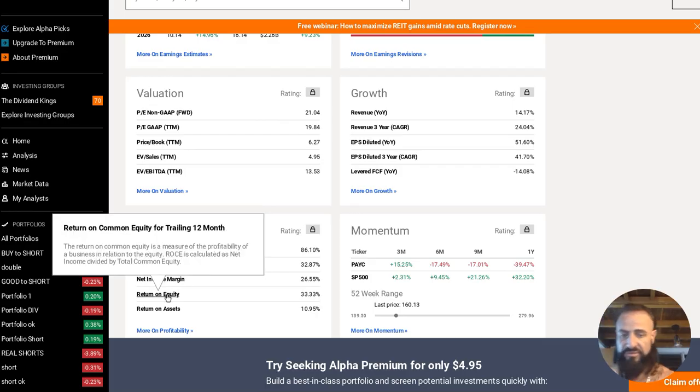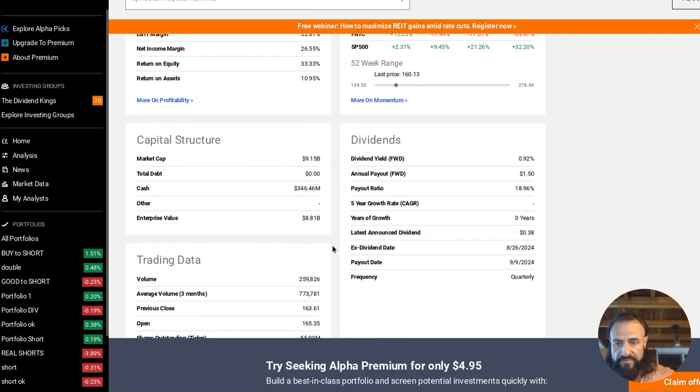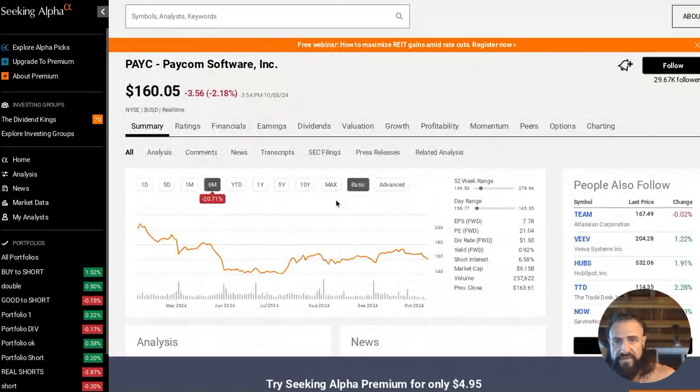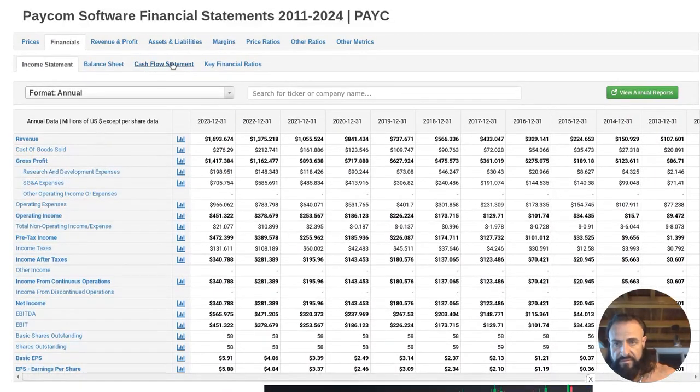Looks really good. The return on equity 33%. Looks good to me. They have no debt. 350 million in the bank. Looks good. Let's go back and see the cash flow.